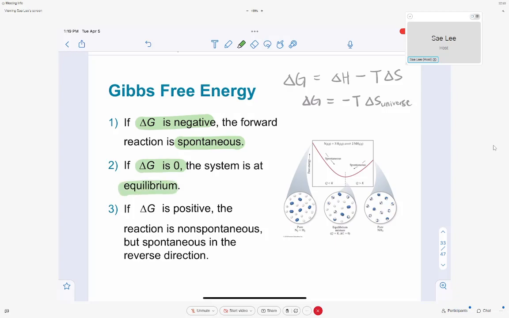For a non-spontaneous reaction, delta S of the universe is going to be smaller than 0.